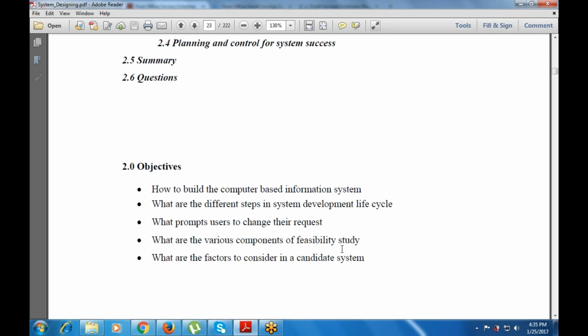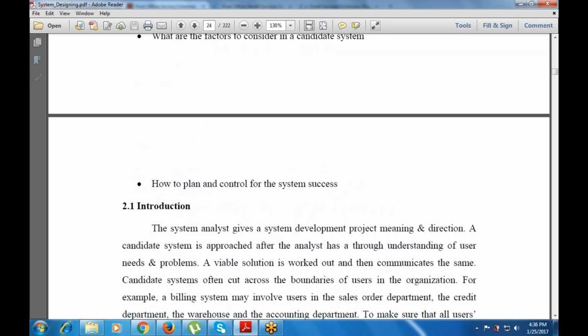What are the various components of the feasibility study, what prompts users to change their request, what are the factors to be considered in the candidate system, how to plan and control for the system success.